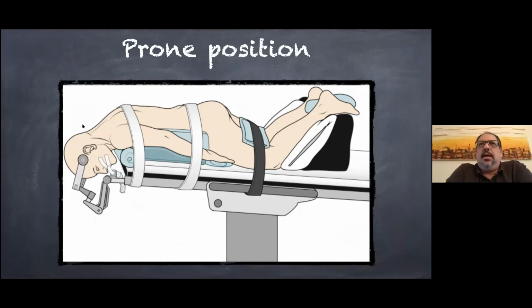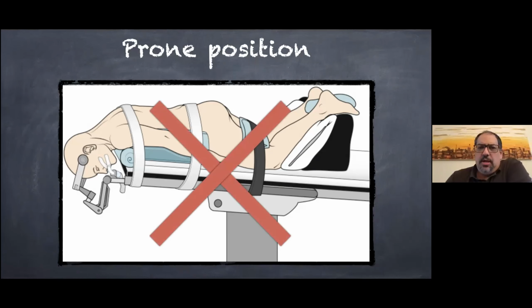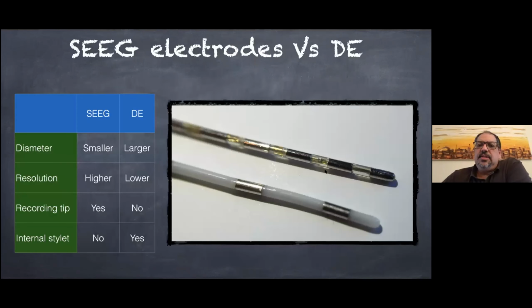Since all image datasets are acquired in supine position, please avoid prone position because you can have brain shift and, more important, vessels shift that could lead to hemorrhagic bleeding. So avoid prone position.